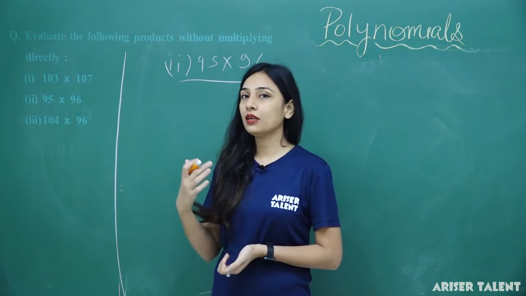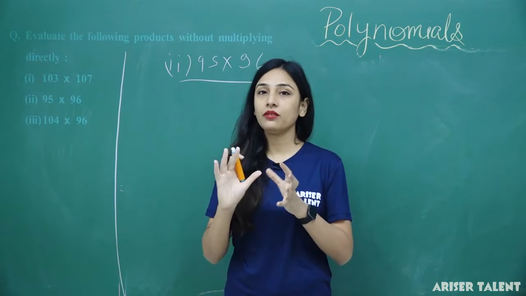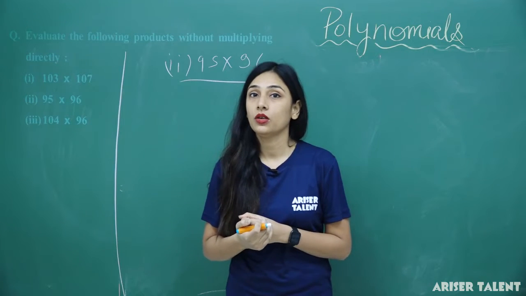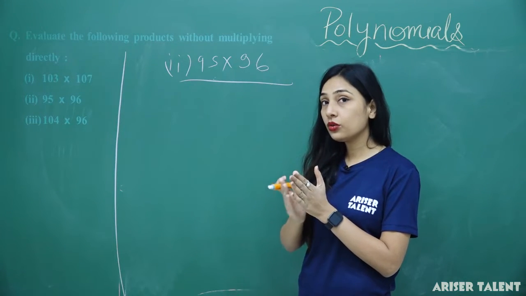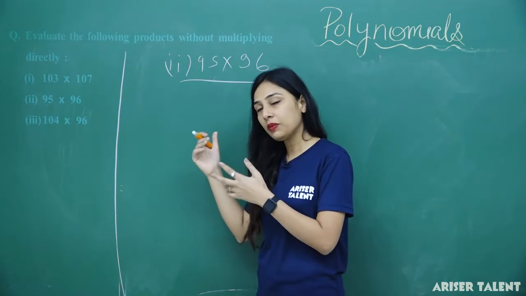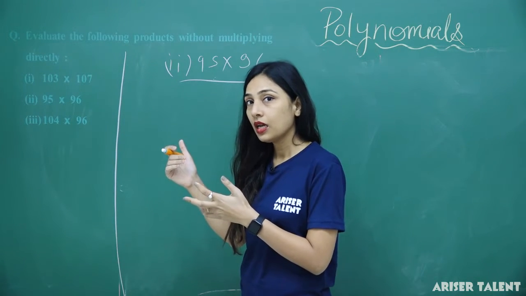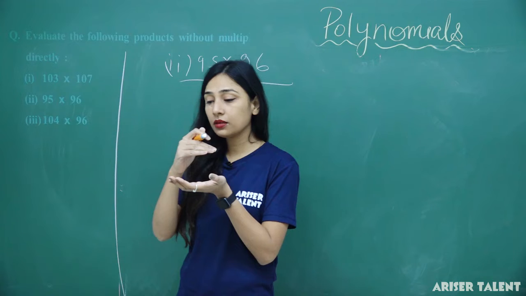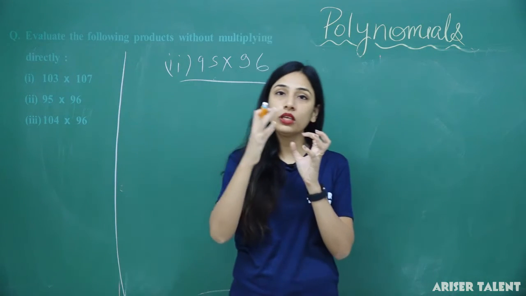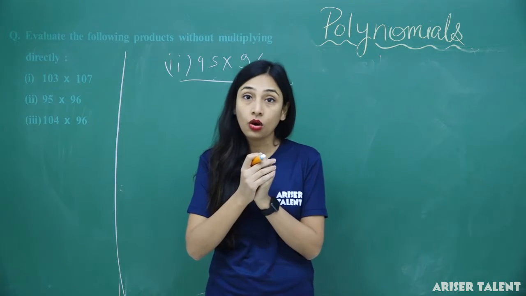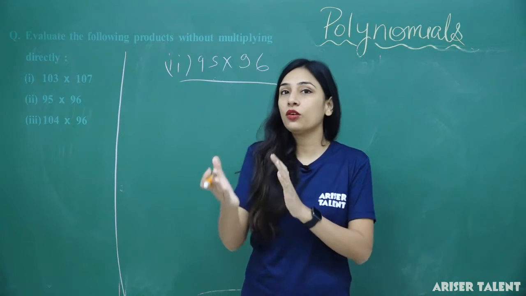So how can you bifurcate into something which is connected to 100? You can write it like 90 plus 5 also, yes, but the calculations are not so easy. So we try to reach approximately 100 or 1000 or multiples of ten.